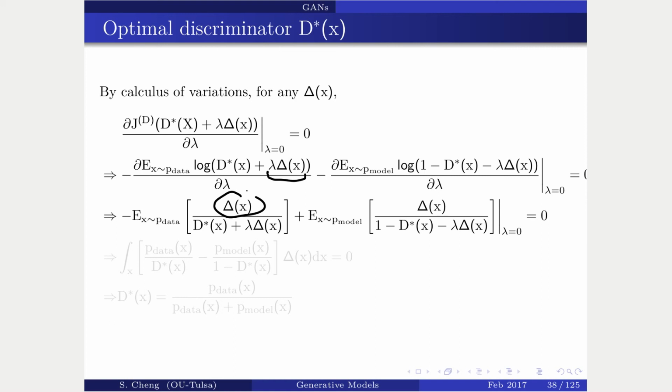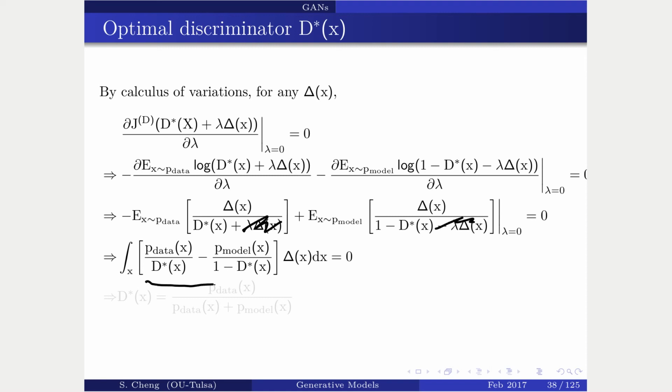So I have the expectation of this over p data and the expectation of this over p model. Then I can write the expectation as an integral, so I have p data(x) here. I copy this term. Now, lambda is very small, so I just ignore these two terms. I only have this left.